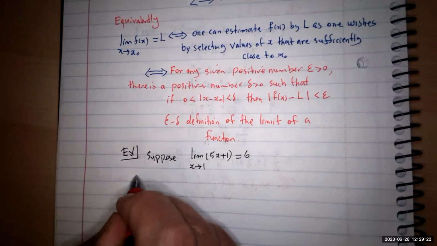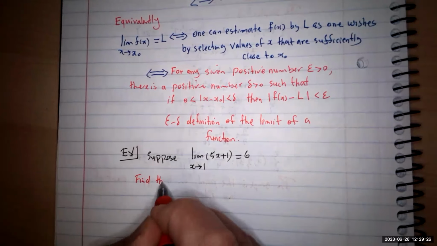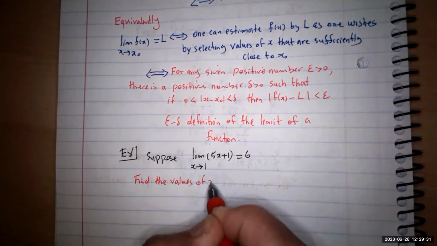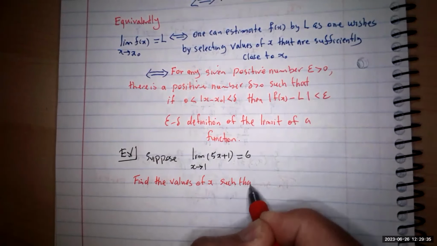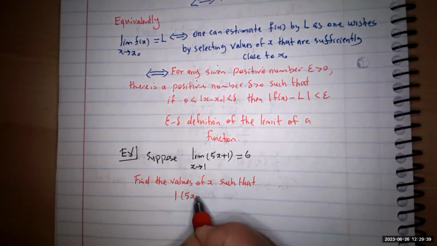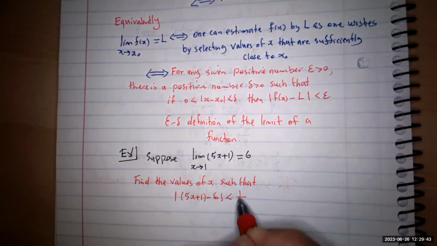We want to find the values of x such that the difference 5x plus 1 minus 6 is less than 1 over 100.